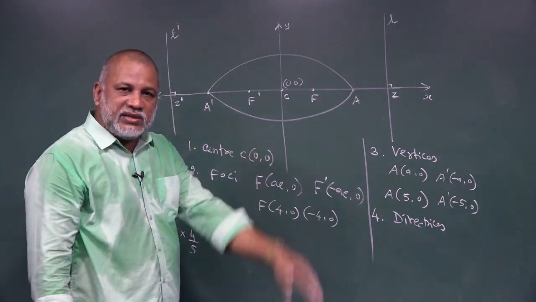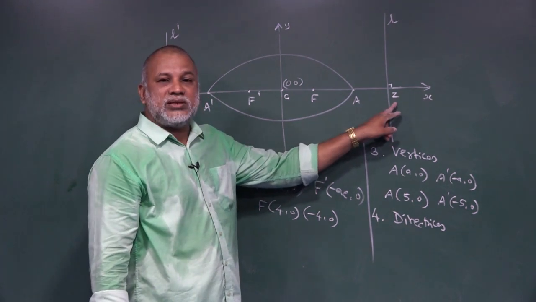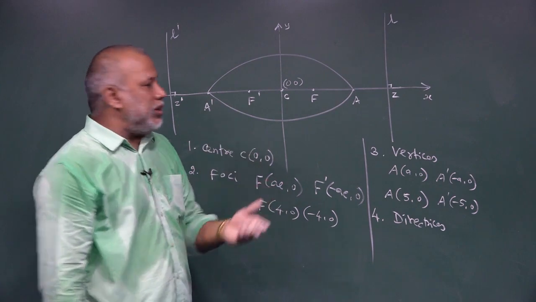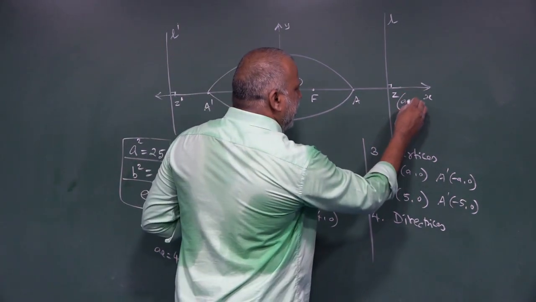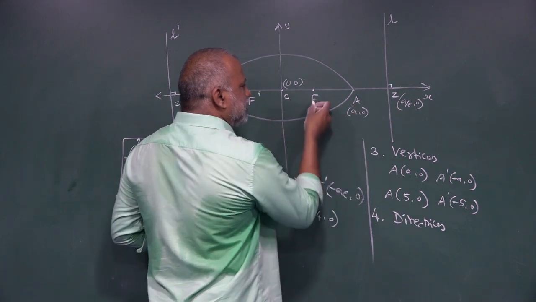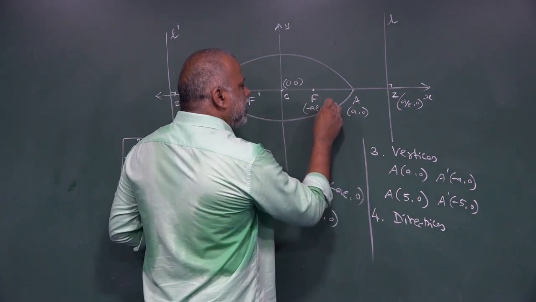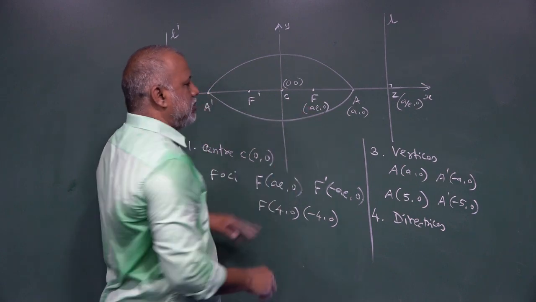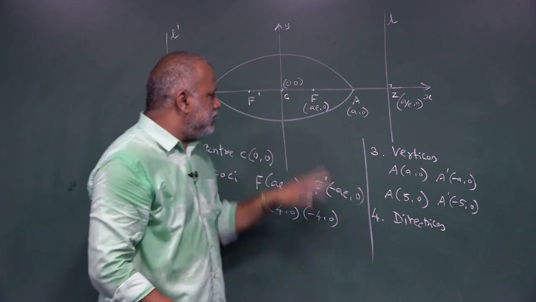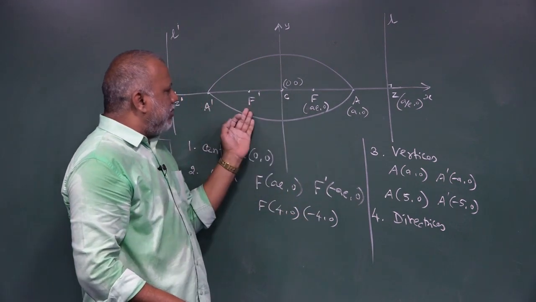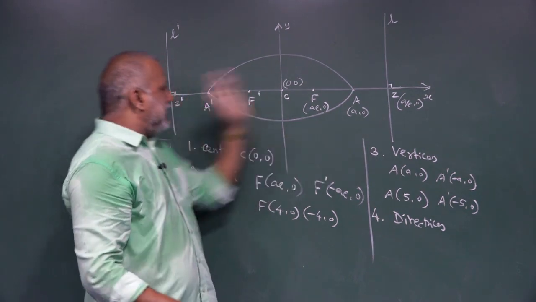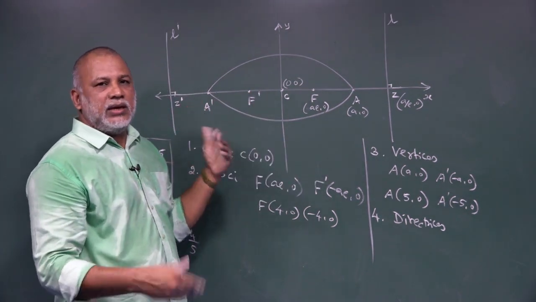Already from the basic derivation we worked out: Z passes through the point (a by e, 0). A is (a, 0), and ae is the focus value. Negative comes this side. See, the same value F dash (minus ae, 0), A dash must be (minus a, 0), Z dash must be (minus a by e, 0).